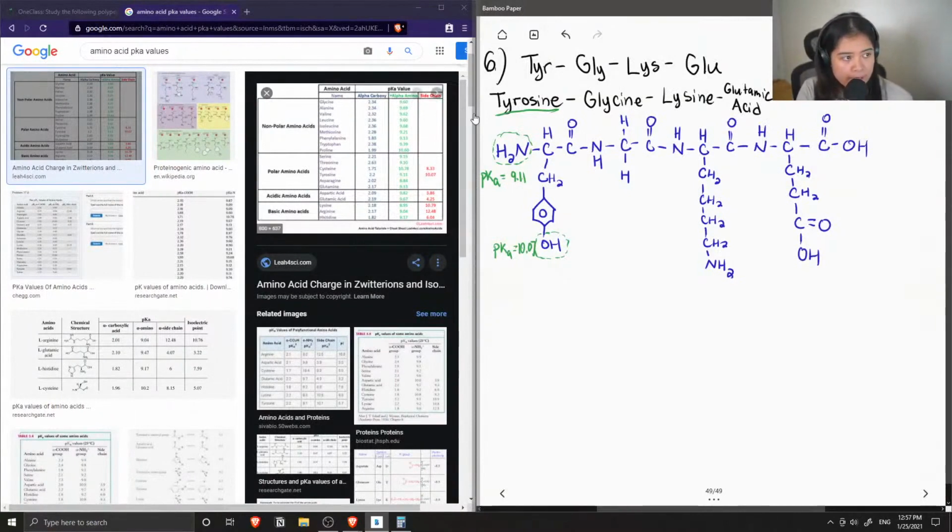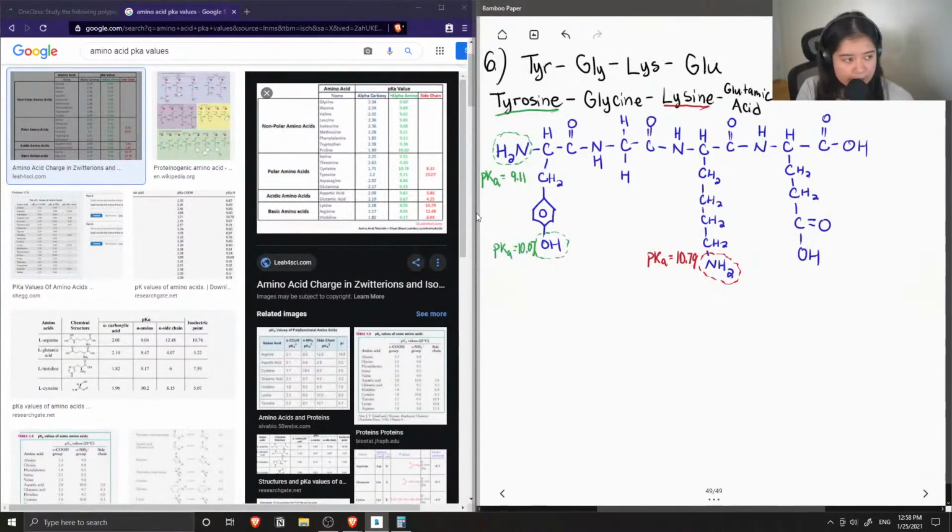Notice that for glycine, you can't deprotonate its side chain, so we don't need to write anything down for glycine. And now let's look at lysine. It's found here under the basic amino acids, and I'll highlight this in red. We just need to look at lysine's side chain pKa, which is 10.79. So let me highlight this, and its pKa is 10.79.